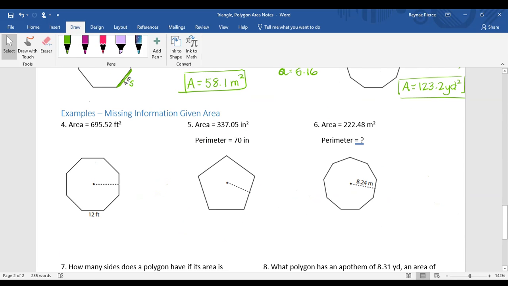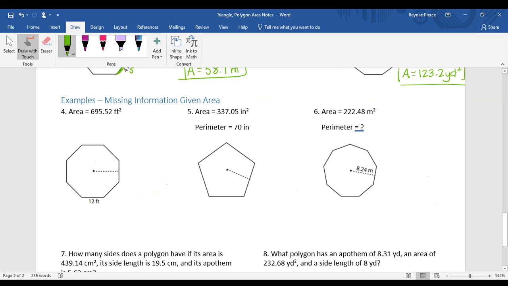But now we can work backwards. If we know the area, we can find a missing piece of information. So my apothem in this example number 4, I don't know what that is. That's what I'm trying to find. My side length is given to me here. That's 12. And please don't forget N just represents the number of sides.